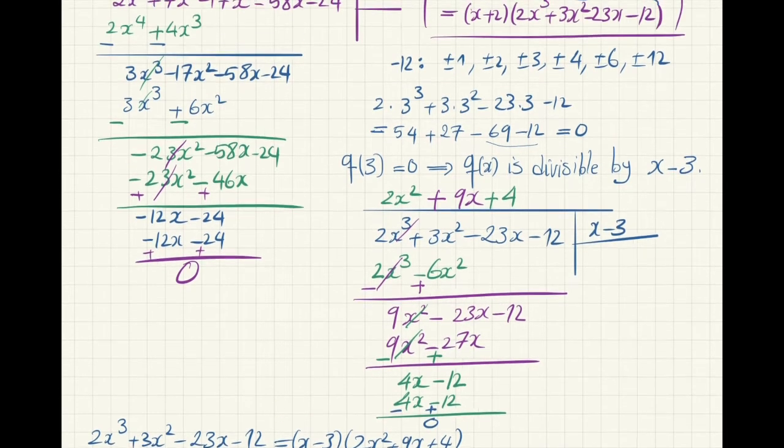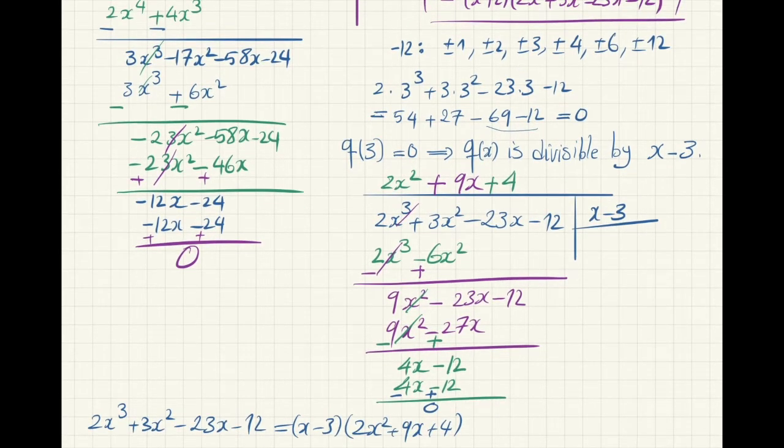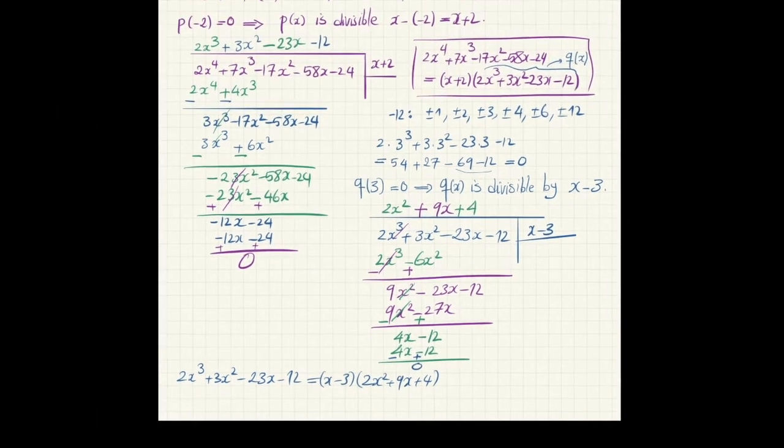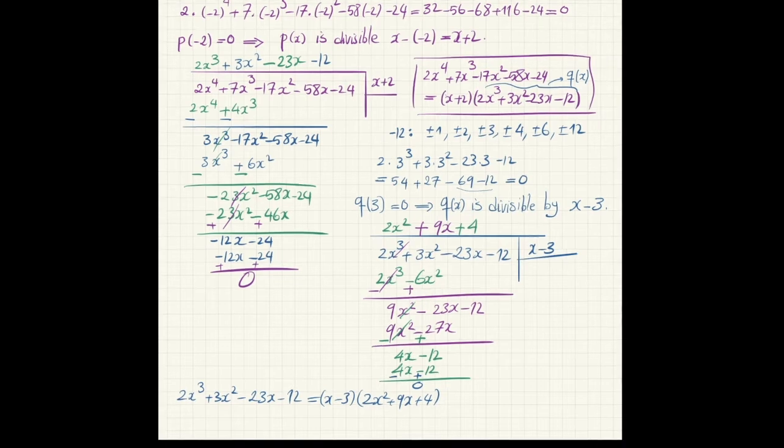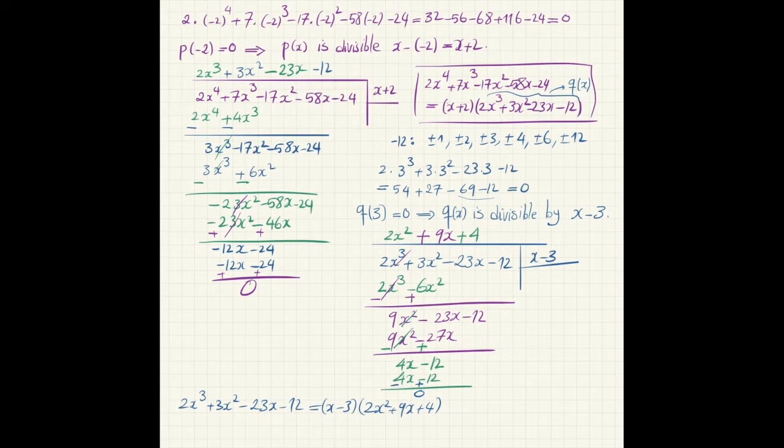So it means that if I put this back into this equation, let me make it a little bit smaller. If you replace this expression by this expression, you get one step closer to the factorization of your original problem. So what I get is 2x^4 plus 7x^3 minus 17x^2 minus 58x minus 24.